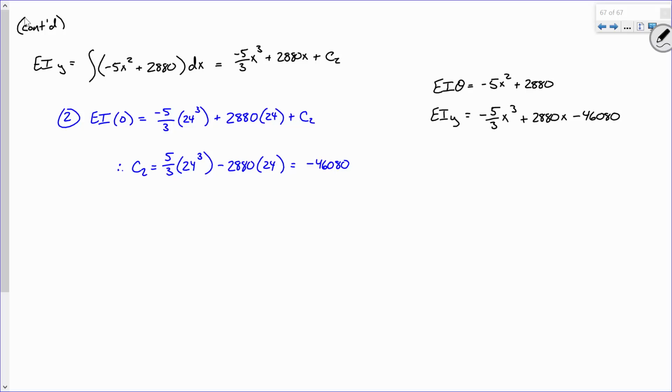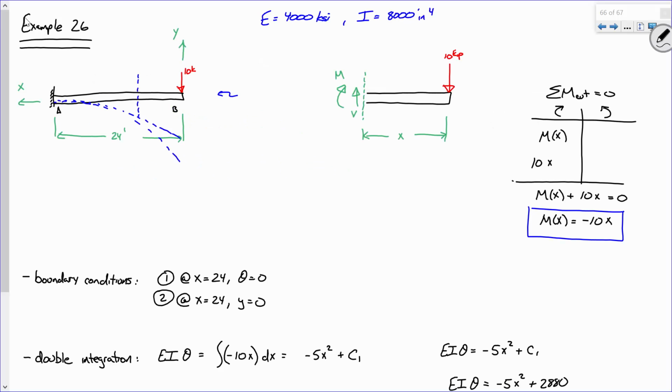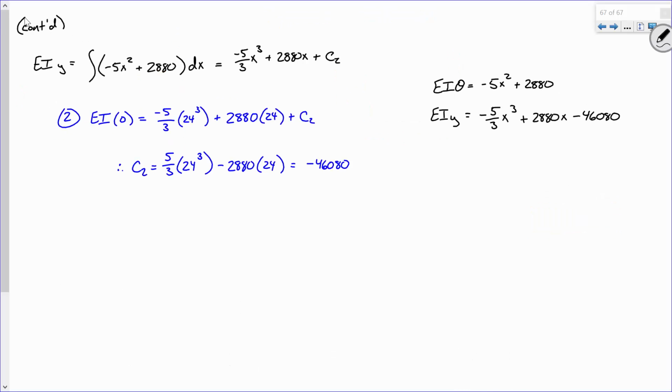There's our functions. Simple, right? Everybody okay with that? Now, where does maximum slope and deflection occur? And what is the x-coordinate at B? 0. All right? Everybody see that? Maximum slope and deflection occurs right here, and that's x equals 0.